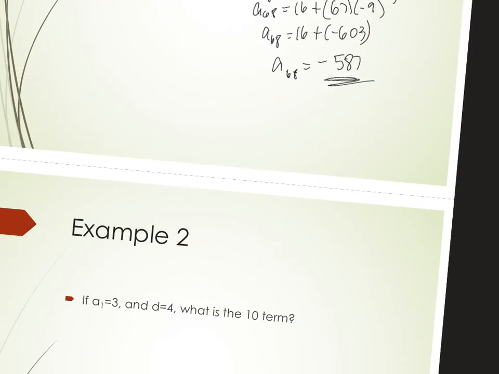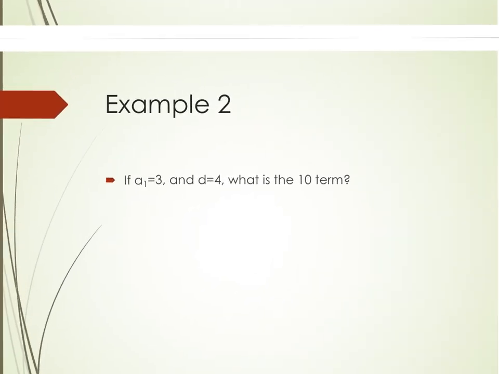Okay, let's try another one. Example 2. I'll write the formula up again. Probably the easiest thing to do, and I highly recommend on all these problems, is writing the formula out first. So if a sub 1 is 3 and the difference is 4, what is the 10th term?